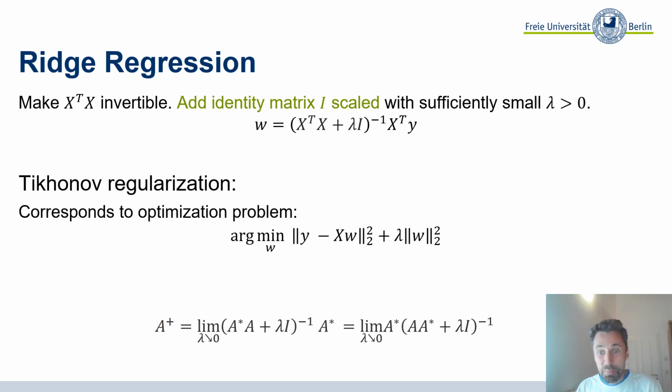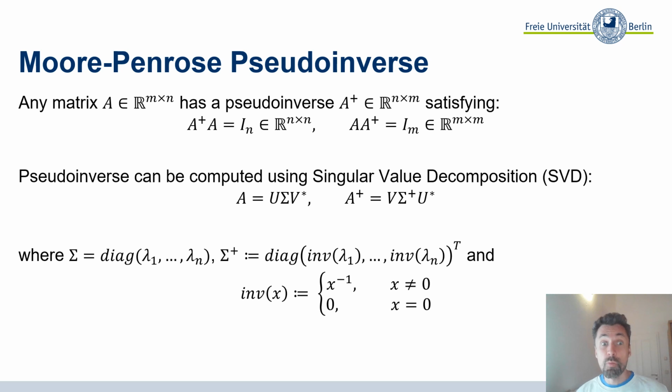Well, A plus is the Moore-Penrose pseudo-inverse, or short pseudo-inverse, which is a pretty cool matrix. Any matrix A, it doesn't have to be square, could be any size, has a pseudo-inverse A plus, such that if you multiply it with the original matrix, you get the identity, and that holds for both sizes.